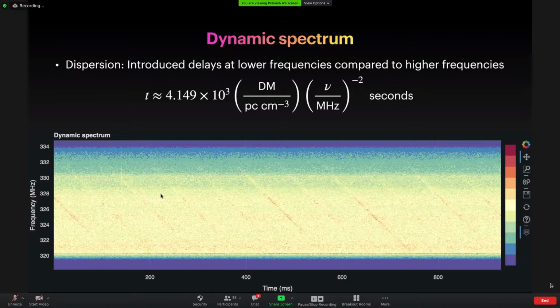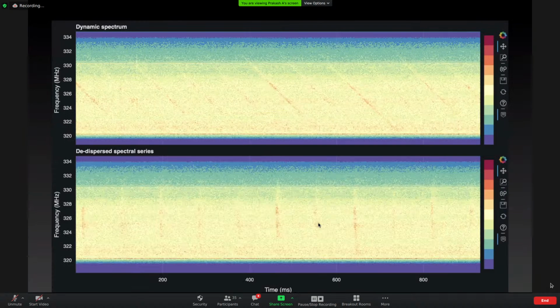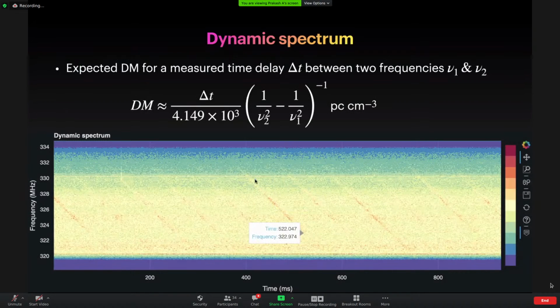So the idea is, a pulse is emitted at all frequencies at pretty much the same time, simultaneously at the source. If you look very close to the source, it should look like this bottom panel. The pulses are emitted at the same time. But as the signal traverses the interstellar medium, the lower frequencies are delayed compared to the higher frequencies, which means that in the time series, the higher frequency signal is seen first, around, let's say, 400 milliseconds.